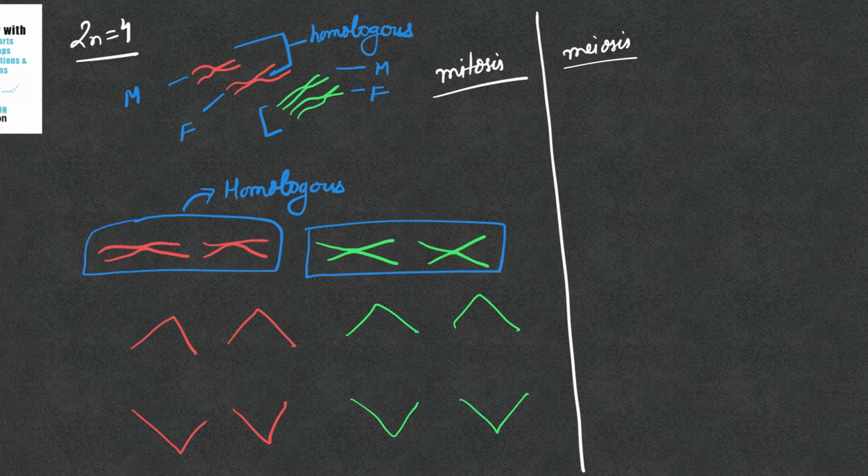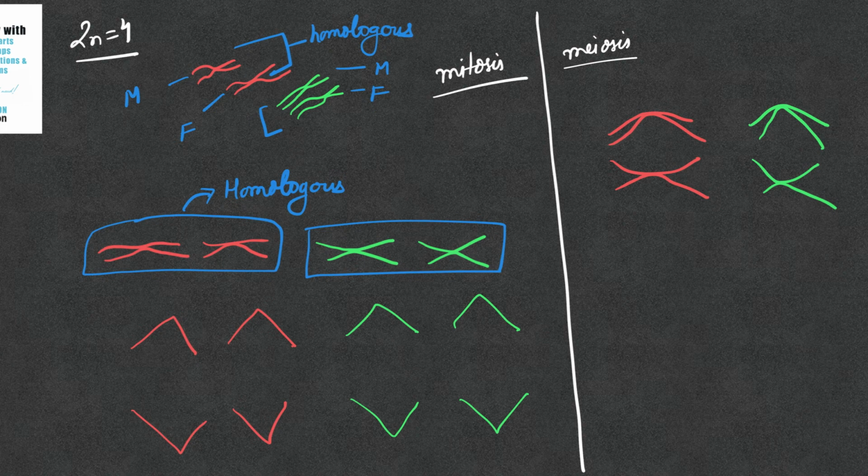In meiosis 1, the homologous chromosomes come next to each other at the metaphase. Homologous chromosomes are here, and let's make this as well. By the end of anaphase, or during the anaphase, the homologous chromosomes would have been pulled apart.